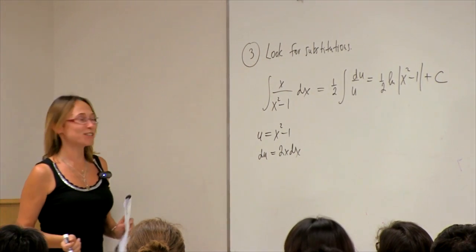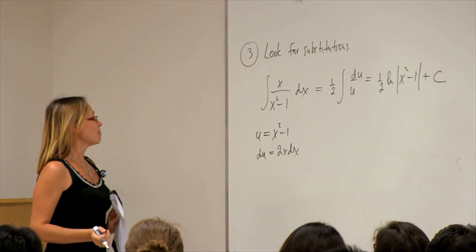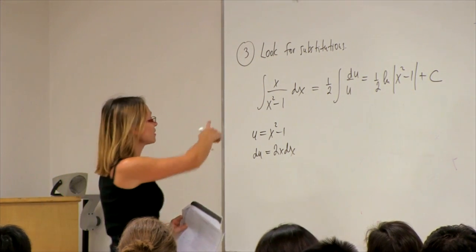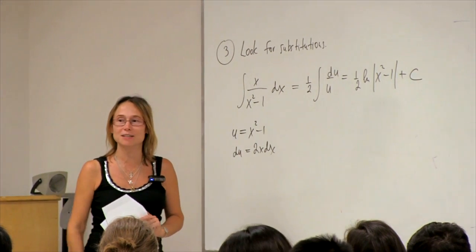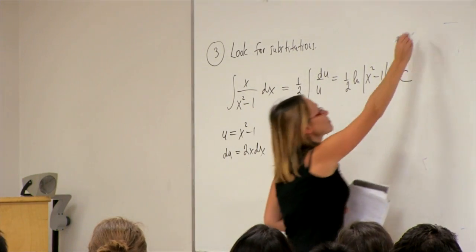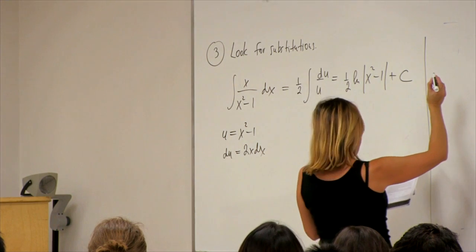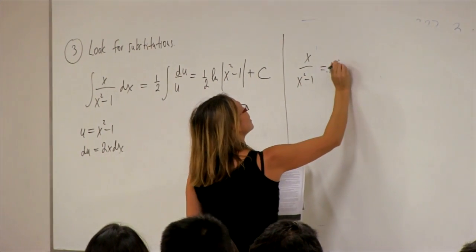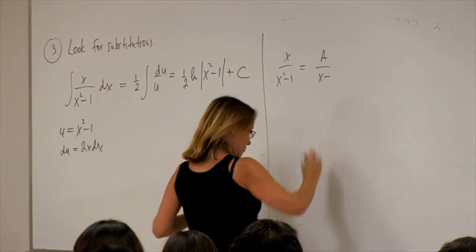So last lecture told you about partial fractions. Okay, partial fractions. So does this classify as a proper fraction? Yes. So we can do this. We can say that x over x squared minus 1 equals a over x minus, wait.